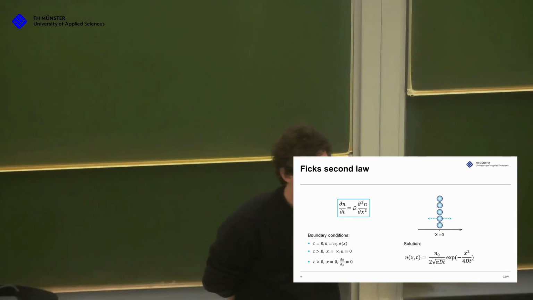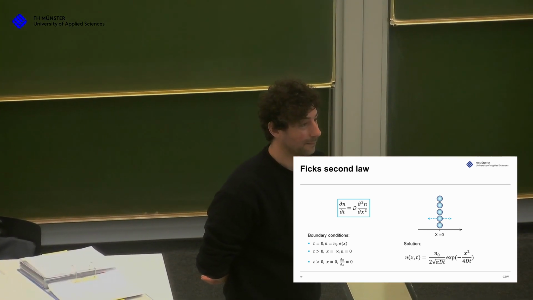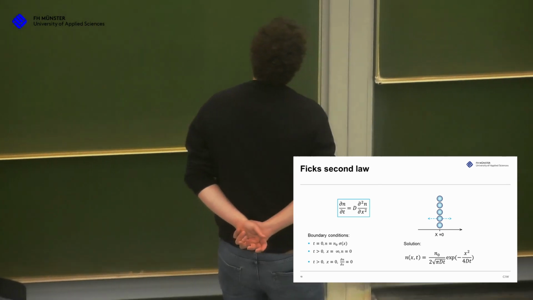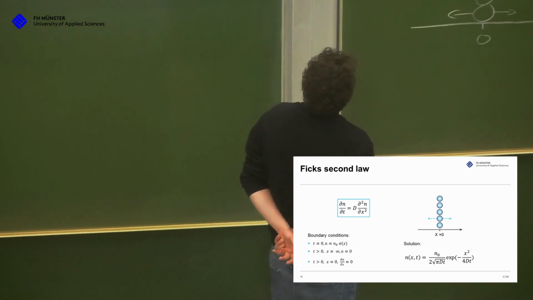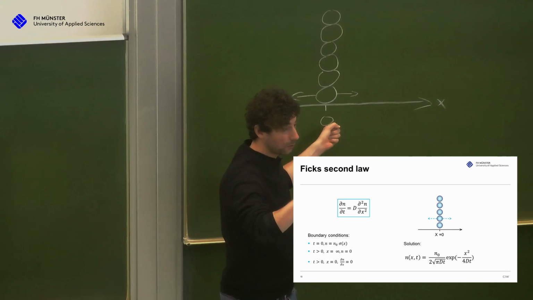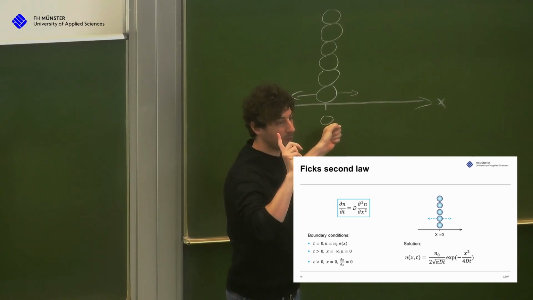And what is the third boundary condition? There is no movement anymore. There is movement, but there is no concentration. So it's at a given point now, at least for the starting point. Yeah, for the starting point. And there it's correct, but what do we have at the starting point? You can learn it from first semester math.